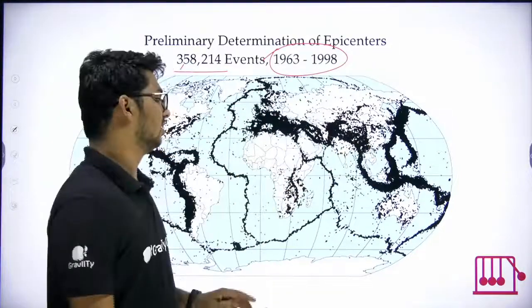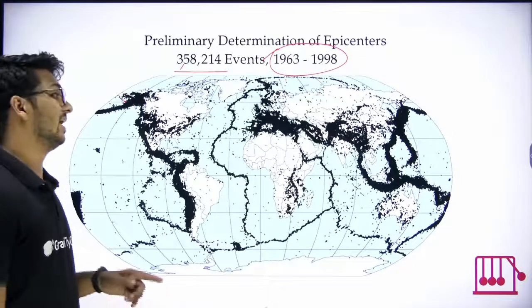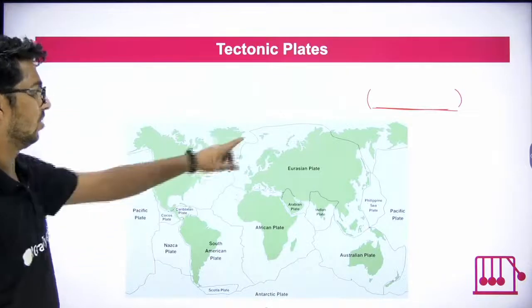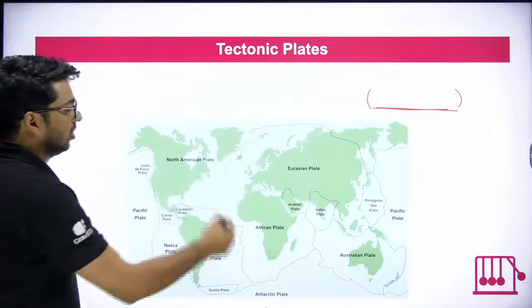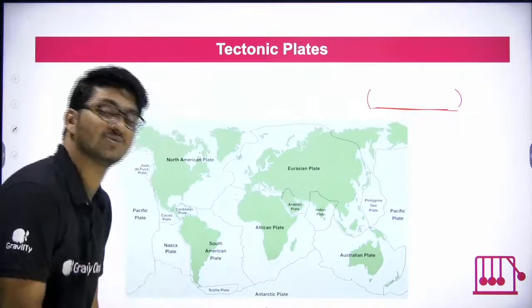And if we check, these places will be the boundaries of the tectonic plates. See, these are the tectonic plates. Wherever you have the boundary, on those boundaries you will get the most number of earthquakes. Why?